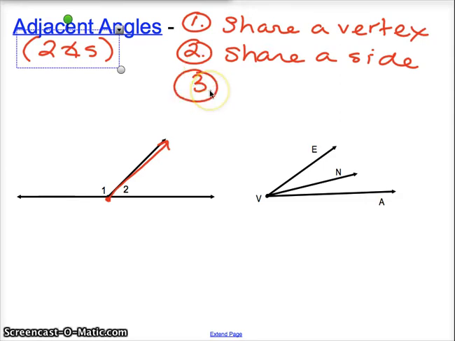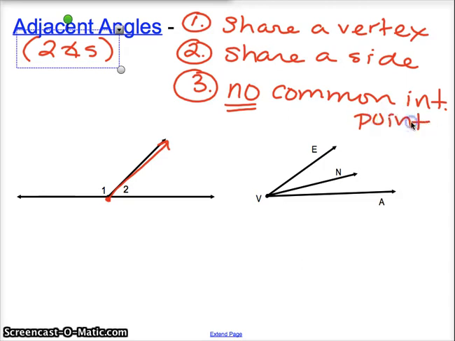We have a third condition that must be true. This is the one that a lot of people forget about. The third condition is that the angles cannot share interior points. They cannot share interior space. So no common interior points. All right, this is what I mean by that.